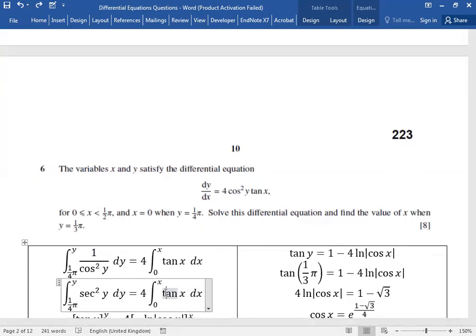Tan x is sin x upon cos x. Yes, class? नीचे cos x है in the denominator and उसका derivative numerator में अगर आ जाए, cos x का derivative क्या होता है? Not derivative. I am asking tan x can be written as sin x over cos x.